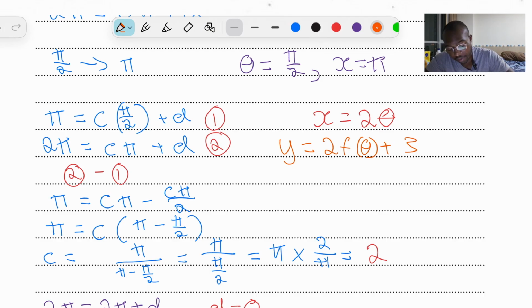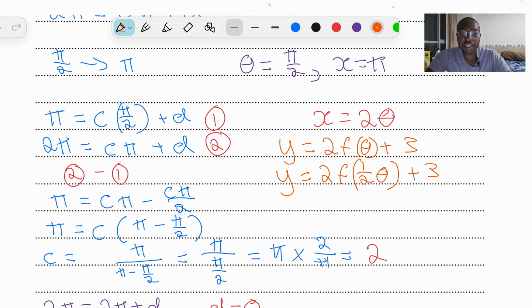So all that ends up happening is we get y is equal to a 2f of a half theta. Remember that we always do this. We always need to do the reciprocal because it's actually the opposite of what we actually want. But with half theta, that shows that it's going to be oscillating as double as much in that region. And then we can plus the 3.